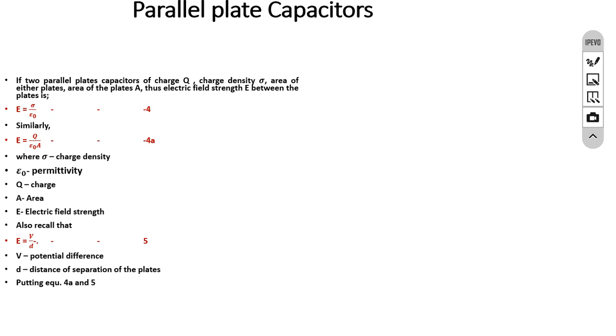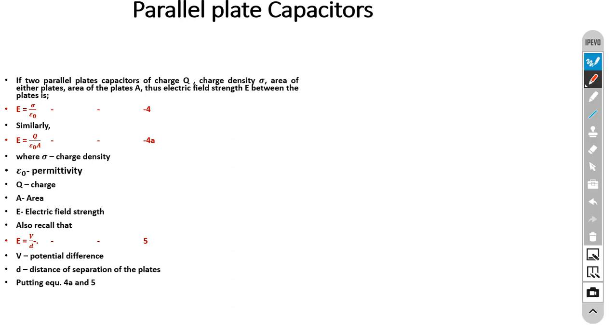Putting equation 4a and 5. Where is equation 4a and where is equation 5? Look at equation 4a here. For electric field strength, E equals to Q over epsilon naught A. And equation 5 for electric field strength, E equals to V over D. So one can equate, we can just say V over D equals to Q over epsilon naught A. That's what we are about to do.